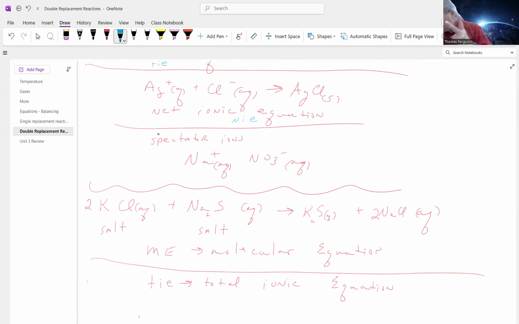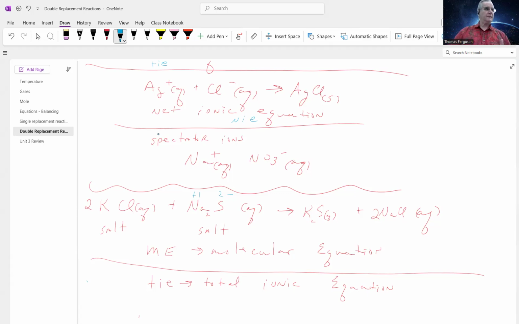The reason why it's a 2 is because sulfur is a -2 on your common ion chart. Sodium is a +1, so we need 2 sodiums to balance the sulfur. Okay, that yields K2S plus 2 sodium chlorides. So that's the molecular equation.